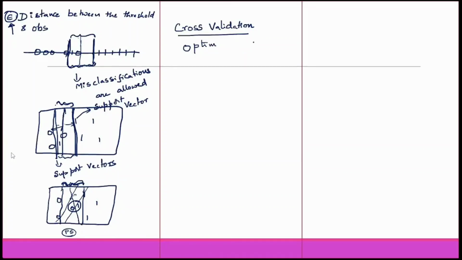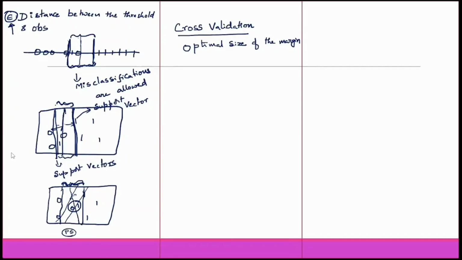You can set various margins, and based on those margins, determine the optimal size of the margin. So you will rely on hyperparameter tuning and cross validation to determine the optimal size of the alpha, right?